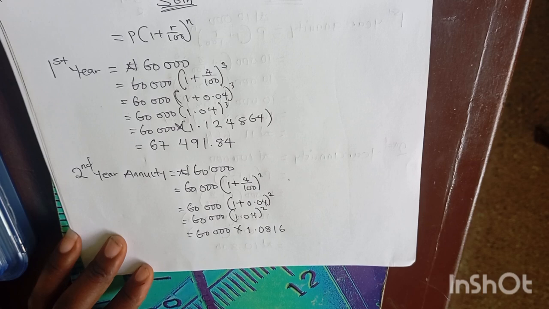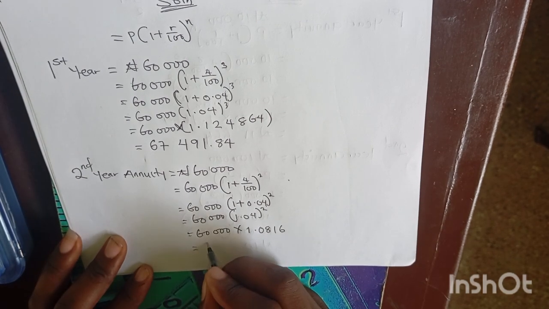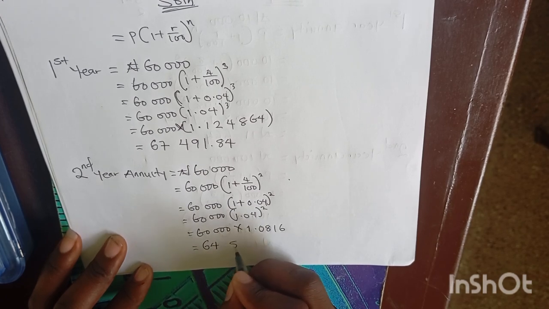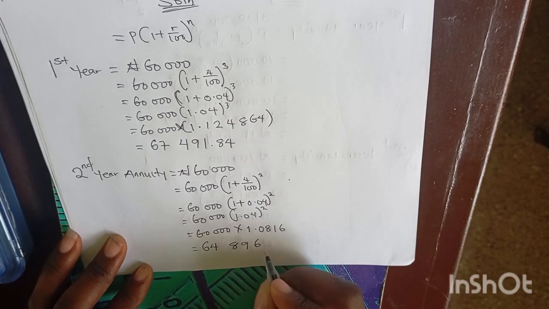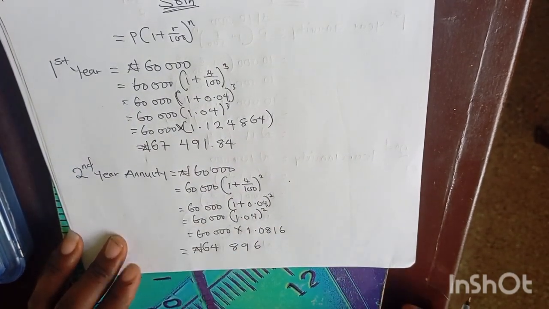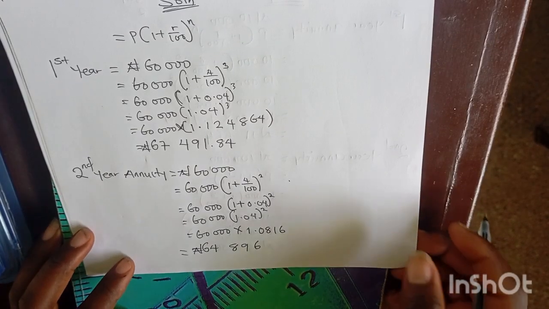If we multiply this by 60,000, we have 64,896 naira. That's the amount for the second year. So now, going for the third year.